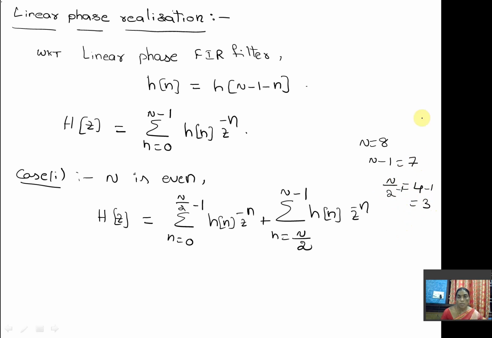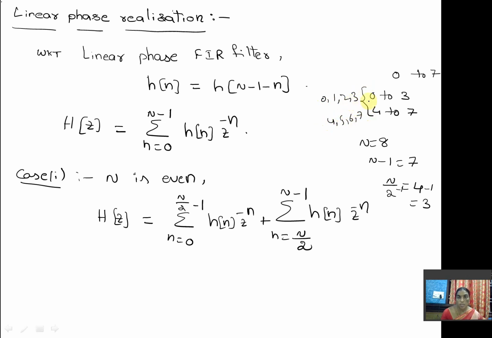So that means here, 0 to N minus 1, for the case N equals 8, is 0 to 7: 0, 1, 2, 3 and here 4, 5, 6, 7.